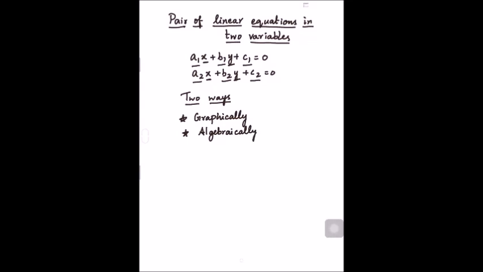So the two ways of solving a pair of linear equations in two variables are graphically and algebraically. Let me introduce the three methods by which you can solve the pair of linear equations algebraically.